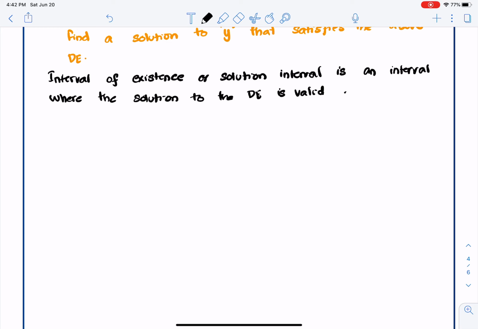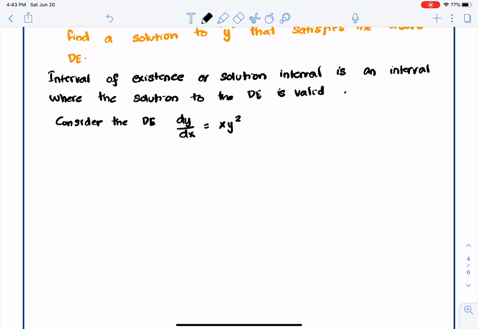As an example, consider dy over dx is equal to xy squared.